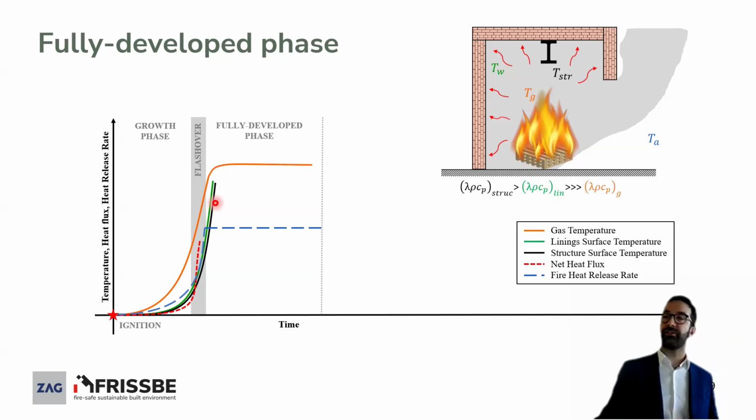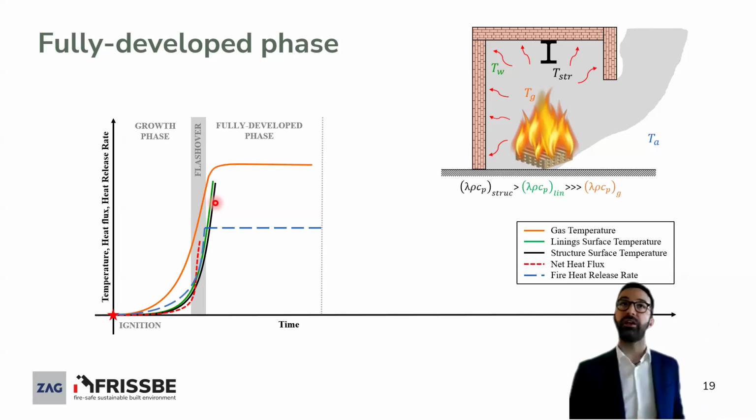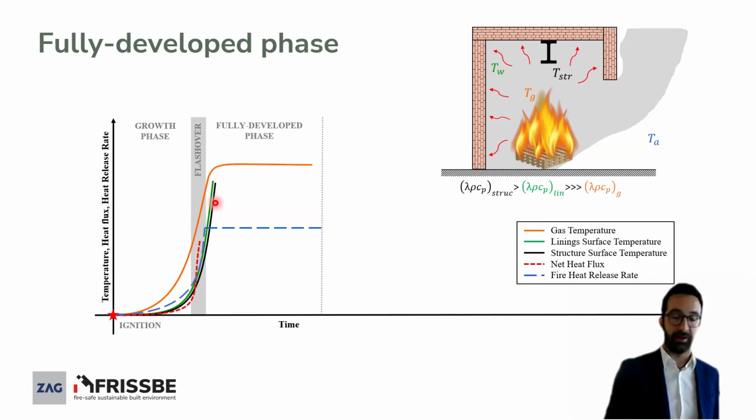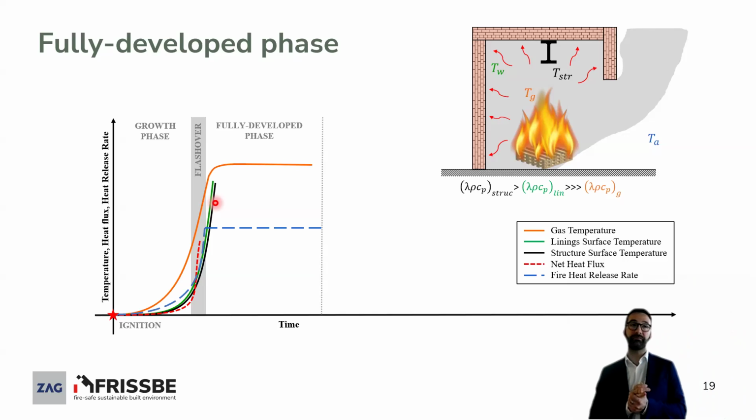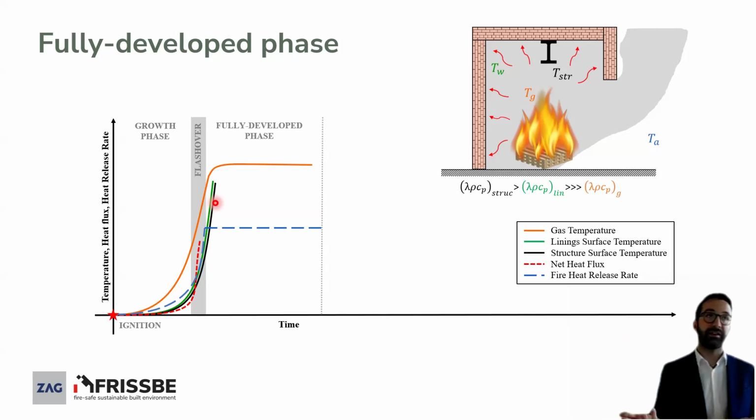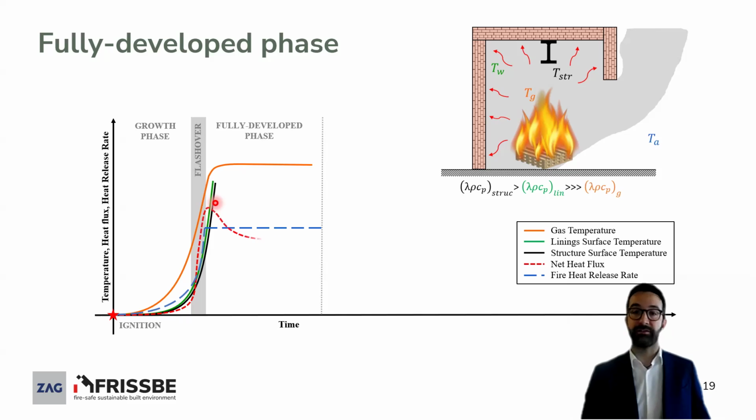You start balancing what is brought into the fire against the losses at the compartment walls and at the compartment opening. In general, you tend to an almost steady state heat release rate and steady state temperature in the gas layer.